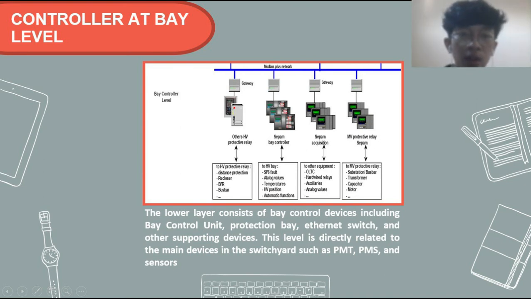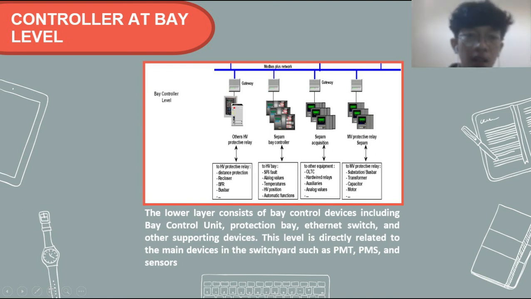Digital output or telecontrol digital or TDC is equipment that functions to carry out control or commands from the central control to the equipment at the substation to change the status of electric power equipment, such as PMT and PMS.